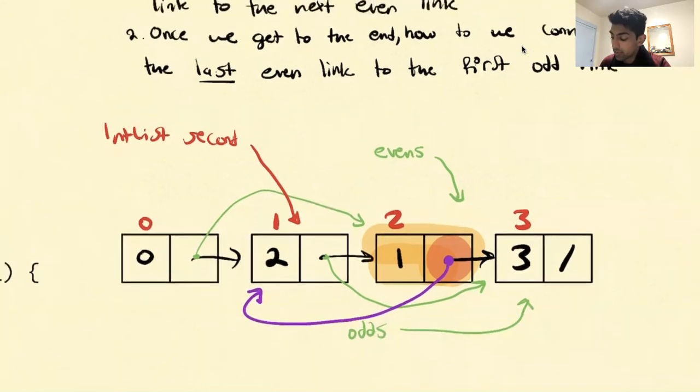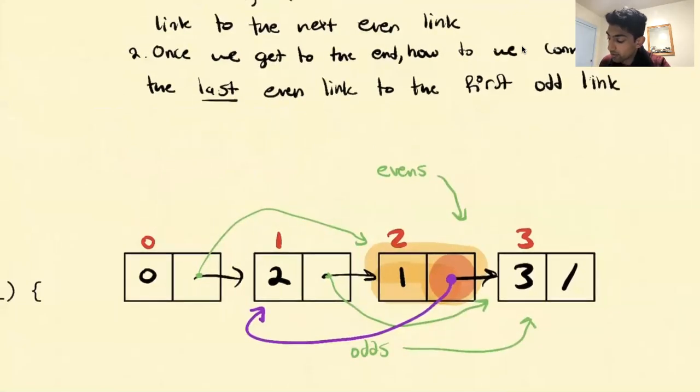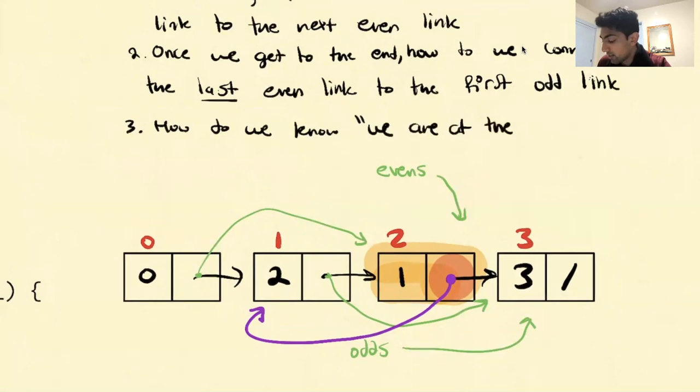So the last thing that we really need to figure out is how do we know that we're at the end? What's that stopping condition, when we actually want to exit this iteration pattern? Let's try to figure that out. I'll pose that question right here so we have it written down: how do we know we are at the end?